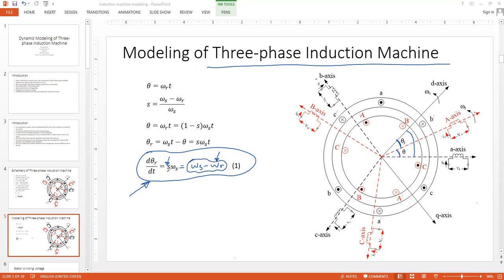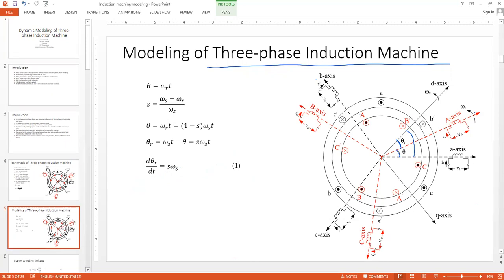On the other hand, if you want to keep slip s as your state variable, then you use this one. All the same. Depends on your choice. Which one is preferred by you? Either one is okay.